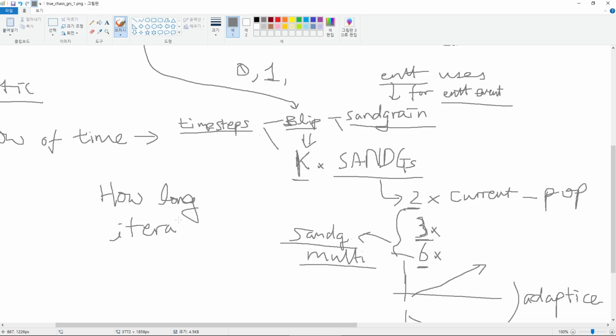Iteration as in just one run. So all these are related.